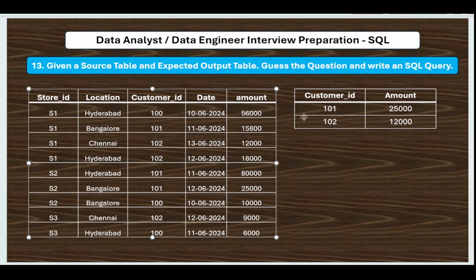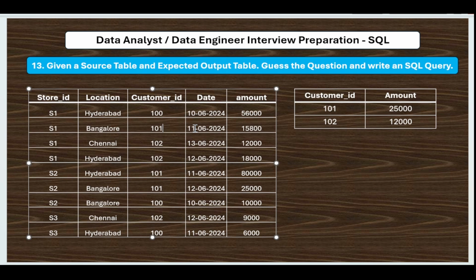Now if you see the expected output, you can see 101 here, so we'll check with 101. There are two 101s, and you're getting this value. How are you getting this value? He shopped in Bangalore, then in Hyderabad, and then in Bangalore.